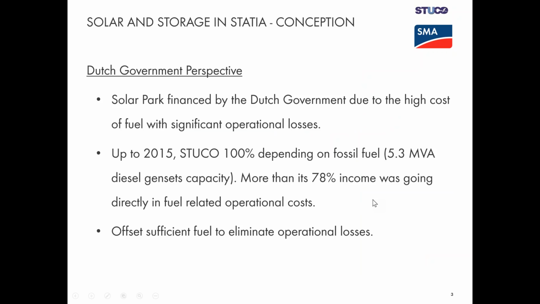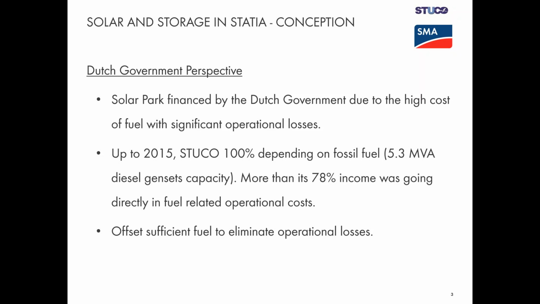Okay, the solar and storage in Statia, the conception. Ever since prior to becoming Stuco, the operations on St. Eustatius was heavily dependent on where the cost of operations was going for fuel. And once we became Stuco, the subsidy that was being provided by our former company, NVGBE, went to the responsibility of the Dutch government.